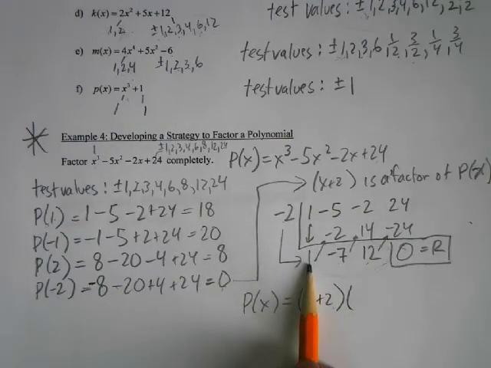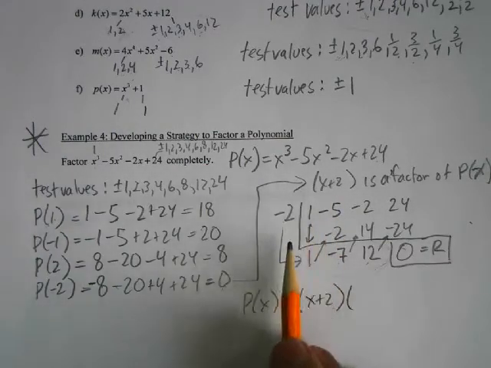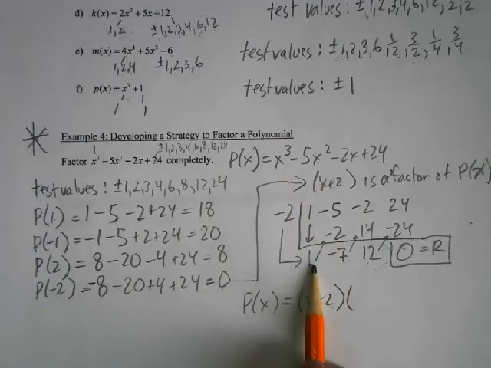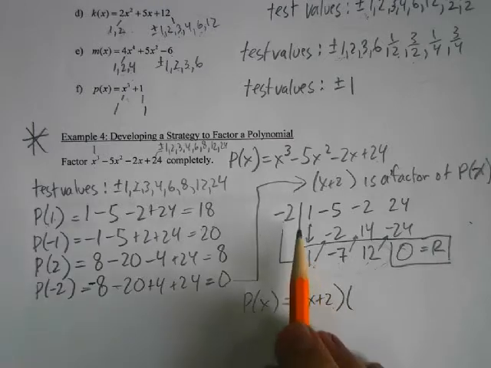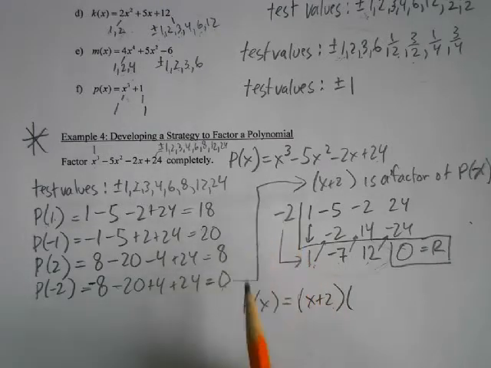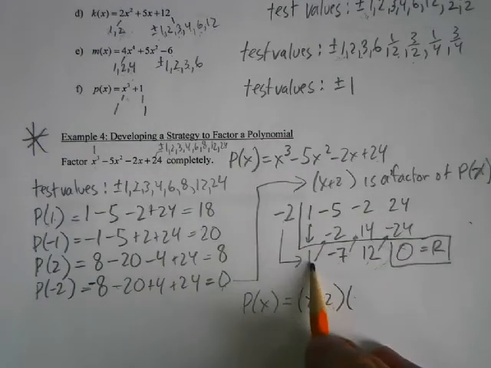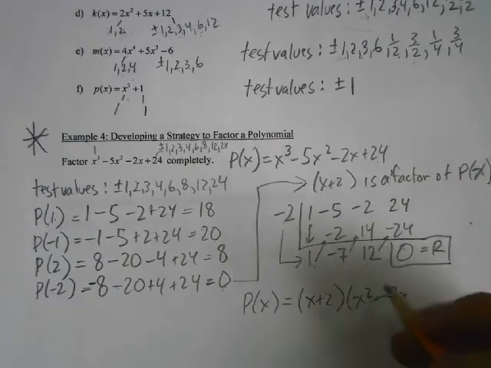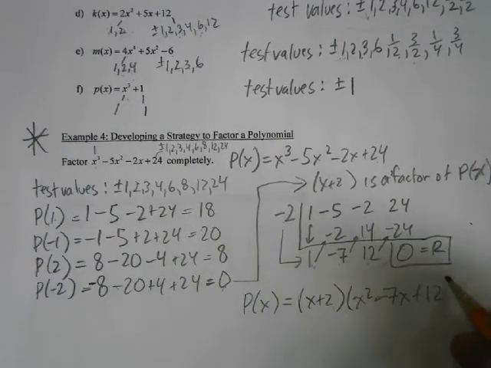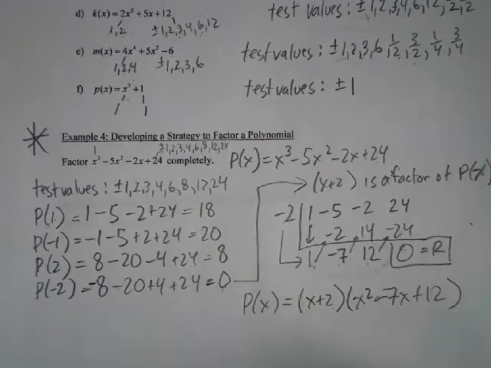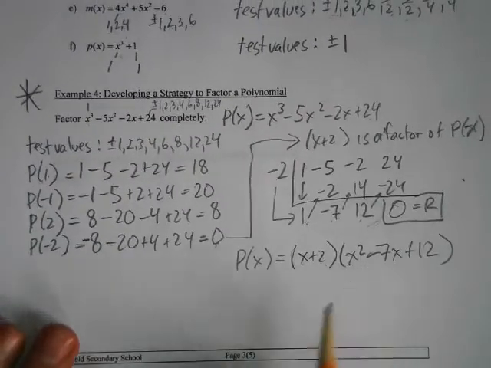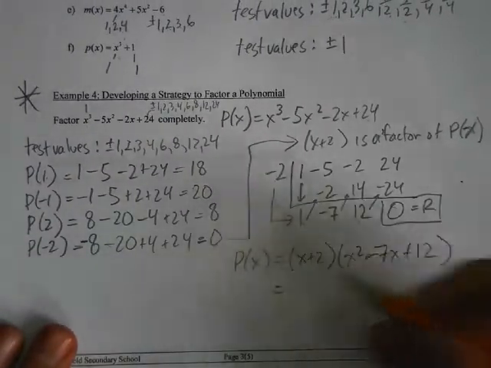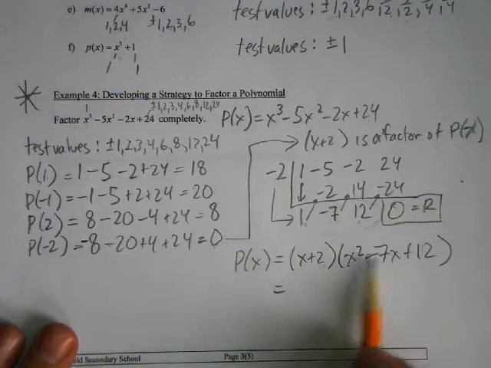So we know that because we're dividing a cubic by something degree 1, linear, the quotient is going to be a quadratic. So this is going to be 1x squared, or just x squared, minus 7x from there, plus 12. And this is where your grade 10 and 11 skills take over. Hopefully you remember. We're going to factor that. That's a simple trinomial.